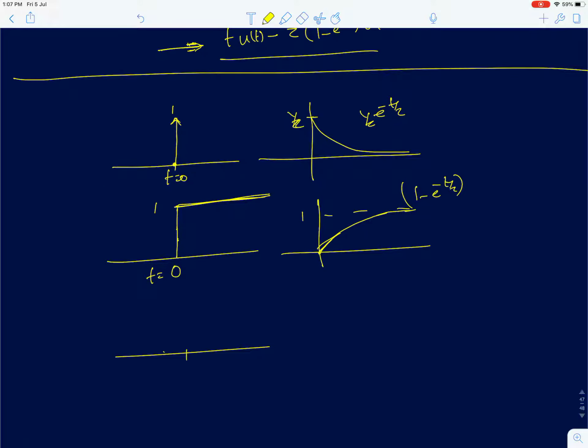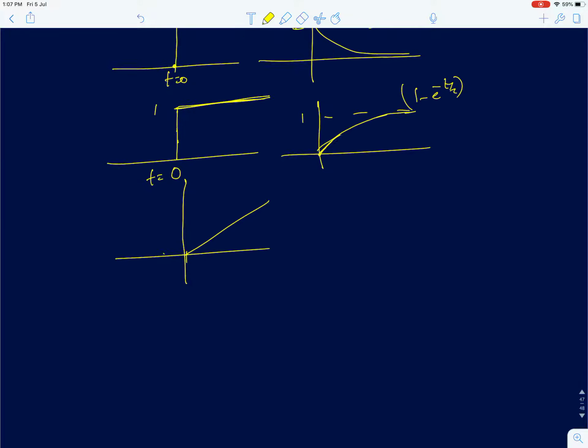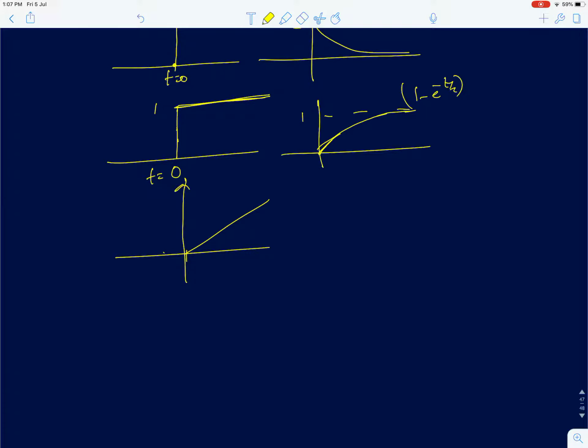And for the ramp response, when you start at t equal to 0, to draw the ramp response, it's a little bit mathematically involved, but let me just try to show that.